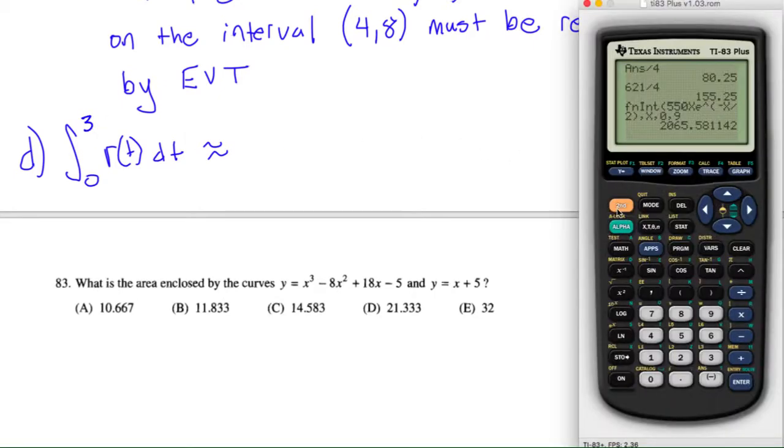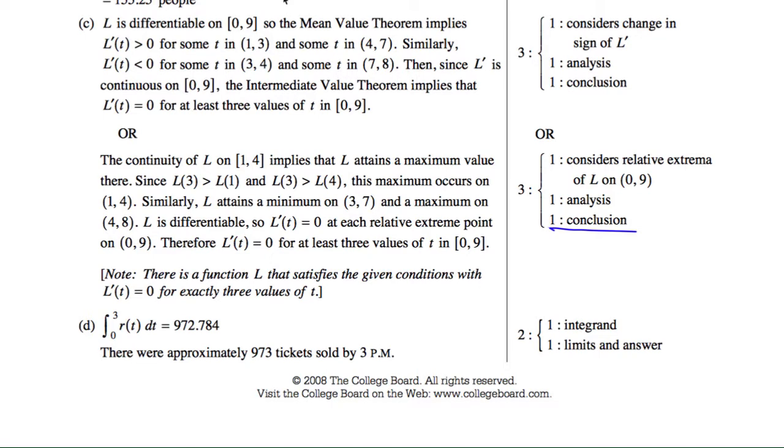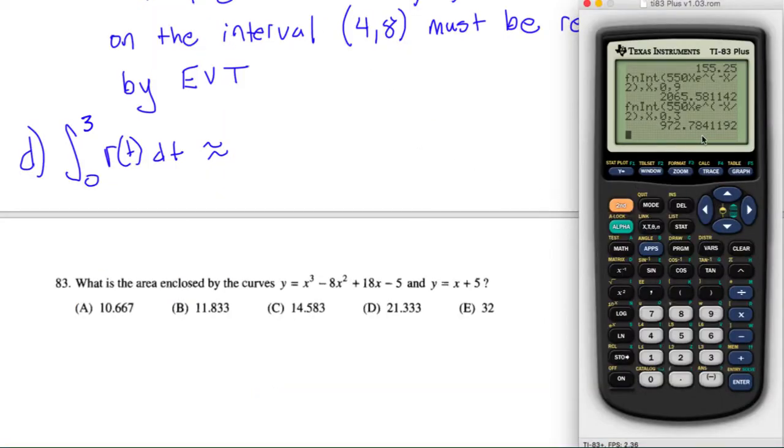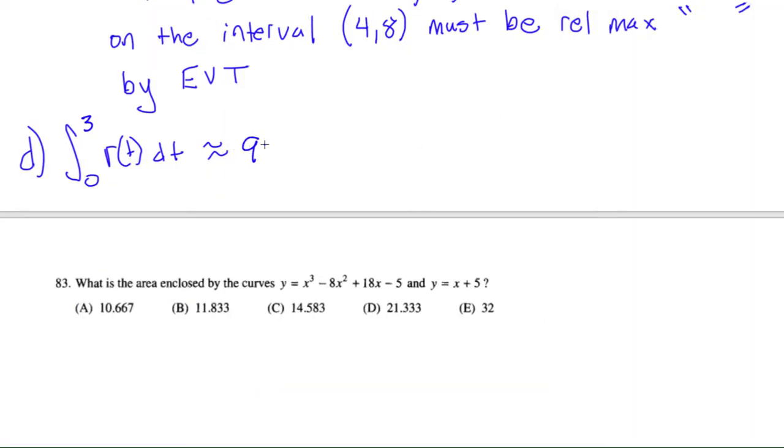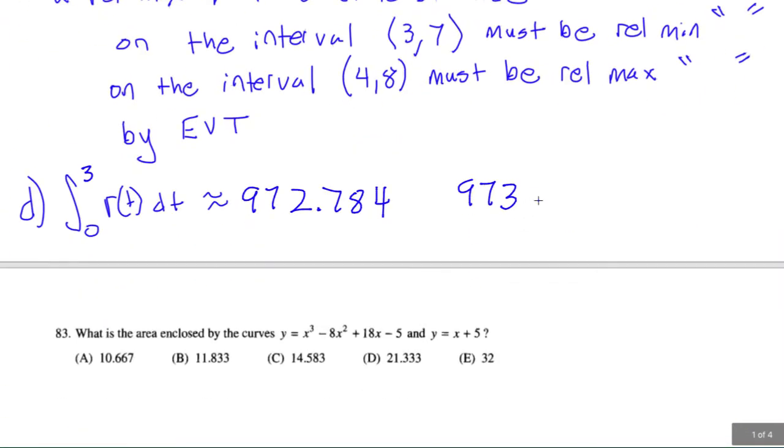So I come back here, second enter, change that to a 3. If I hit enter, I should get, there we go, 972.784. Let's write it down: 972.784, and then our answer was 973, and then what are our units here? Tickets.